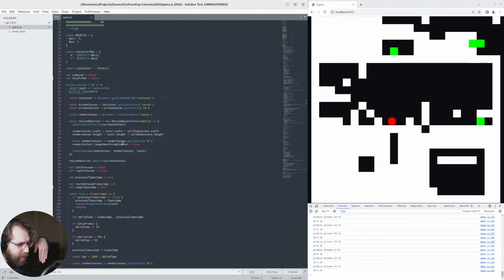So I need a probe going on one X and a probe going on the other X. I could simplify that a lot just by calculating one of them and then doing +1. But although not the case, because if I'm exactly on a tile, I want them both to be probing the same tile, which is why I have a floor for one of them and a seal for the other.